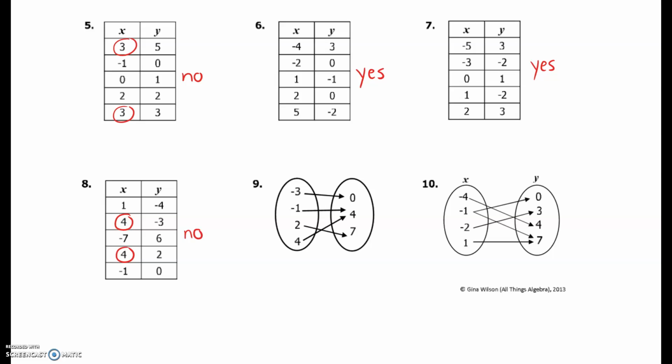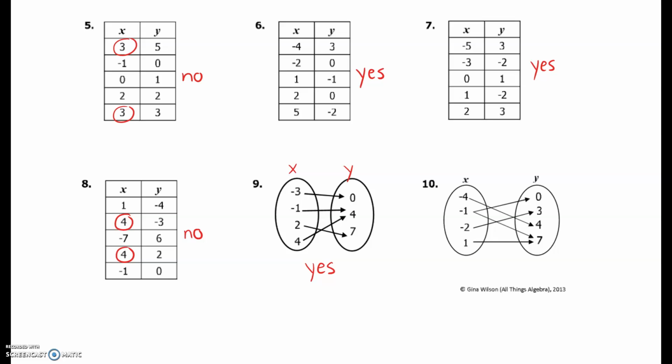Now, a mapping diagram is another way that we can notice if an x value repeats. And in this case, we have to look at each arrow coming from the x column. Remember, the x's are on the left and the y's are on the right. So in this case, there is 1 -3, 1 -1, 1 2, and 1 4. If that's the case, then this is a function.